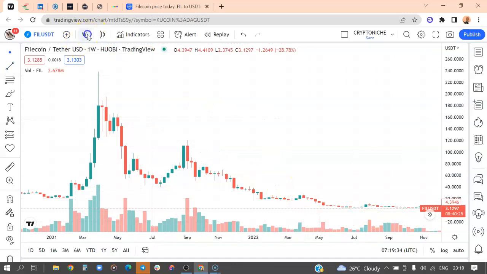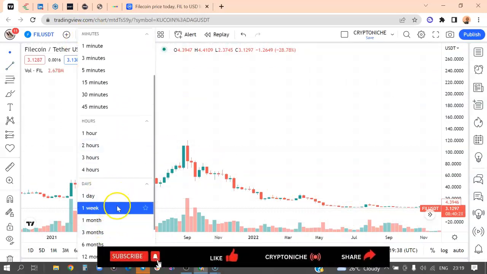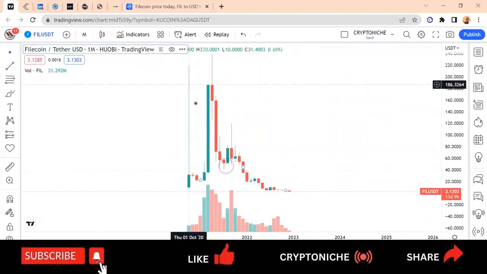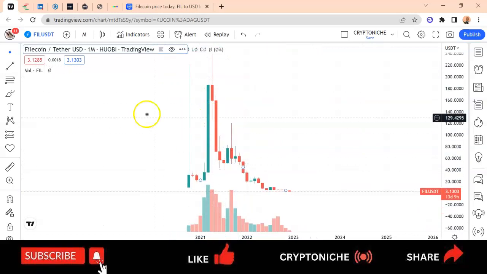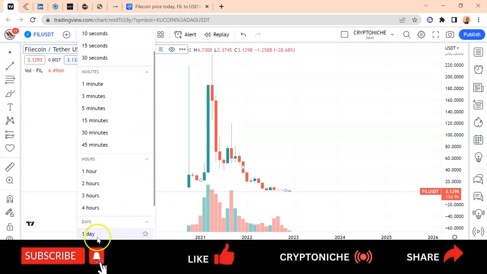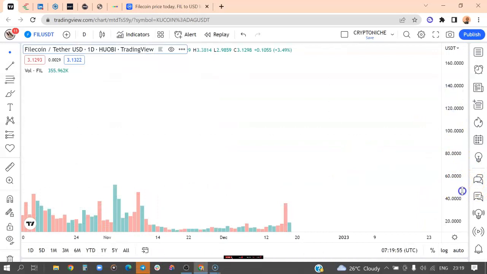But let's switch to one day. Let's even have a look at the monthly time frame. You can see it's been on a downward spiral on the monthly time frame. On the weekly time frame, the same thing is happening. Then the daily time frame, what's happening on the daily time frame? We have to adjust the charts.